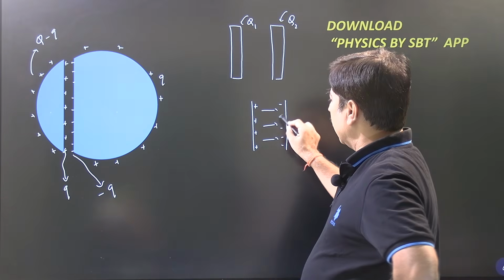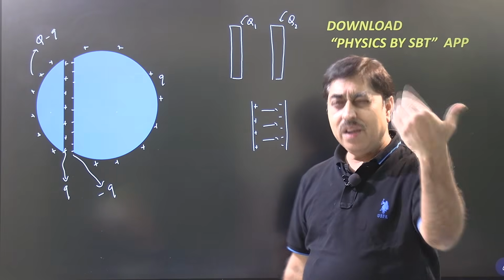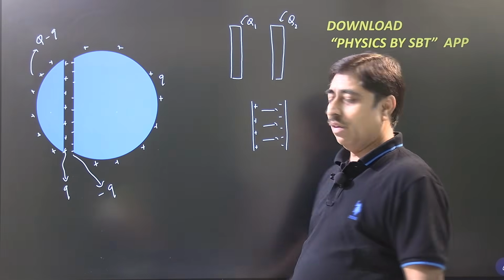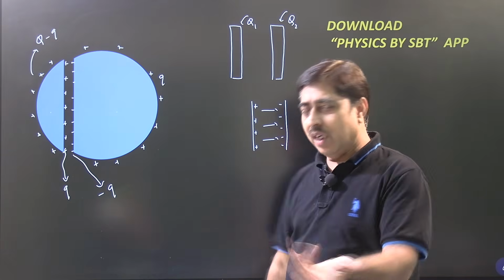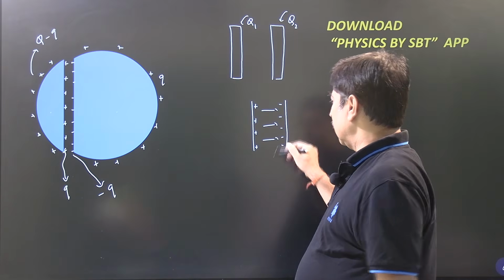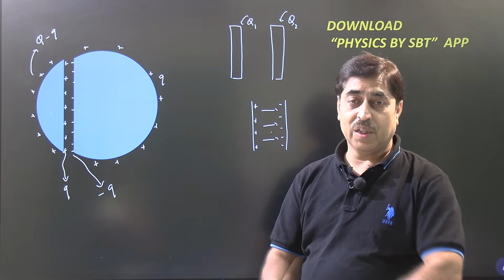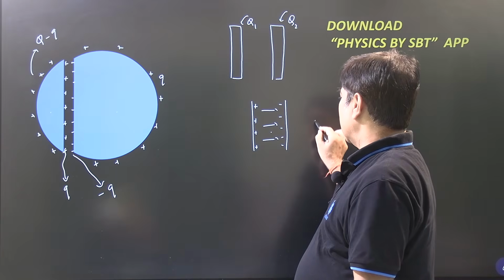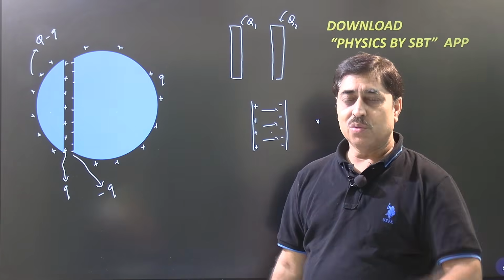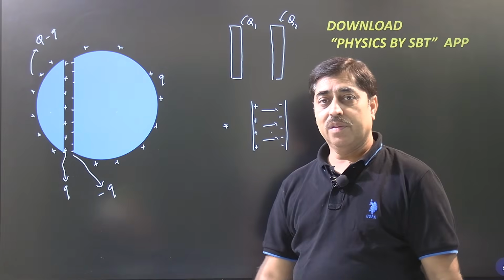There is no electric field produced because of this charge and this charge outside the plate. In practice, there is some fringing over here, but if this gap is really small, we ignore that and we assume that this plus and this minus charge can produce field only between the parallel plates of the capacitor. These two charges cannot have a resultant field here, it is very easy to see. Similarly, these two charges cannot have any field over here.